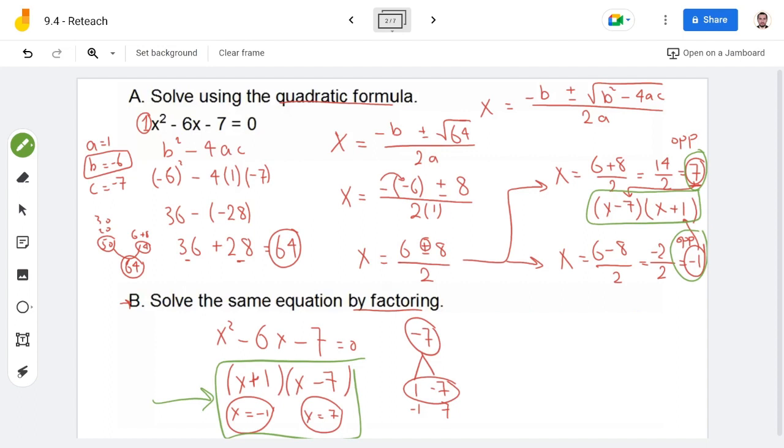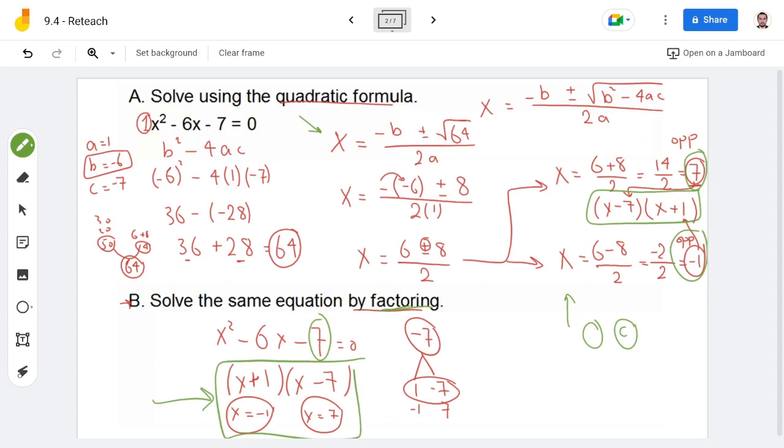Sometimes, I will tell you what, you can use the quadratic formula if c is a big number, so I can't find the factors of c. Then just use the quadratic formula, it will help you a lot. But if c is a small number, just find the factors.